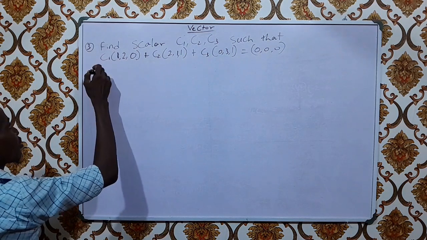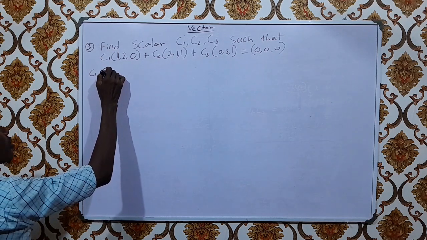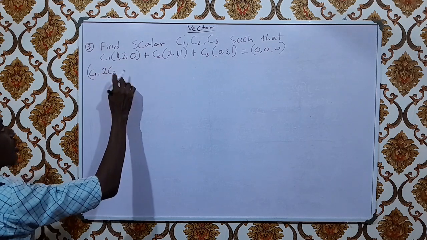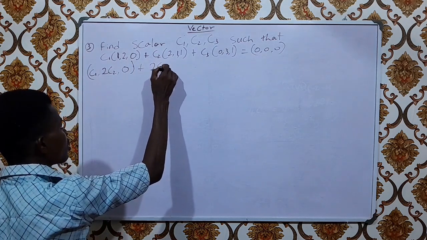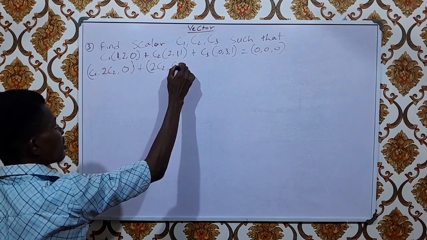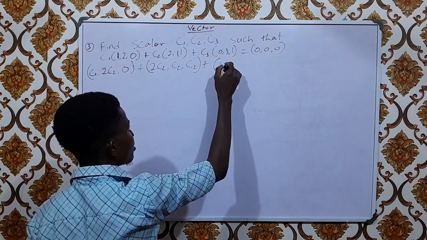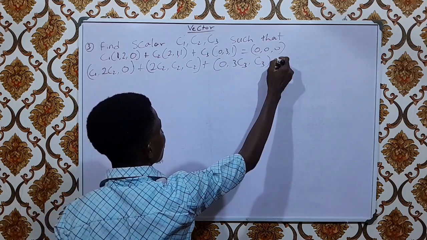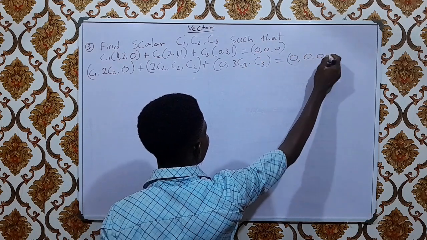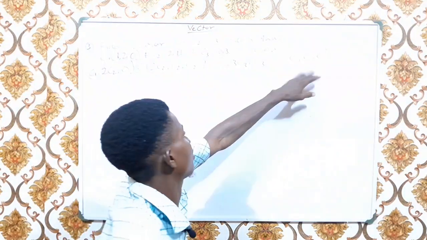We move C1 times 1 is C1, comma, C2 times 0, we have 0 here, plus 2C2, C2 because of the 1, 1, then plus 0, 3C3, and C3 will give us 0, 0, 0.